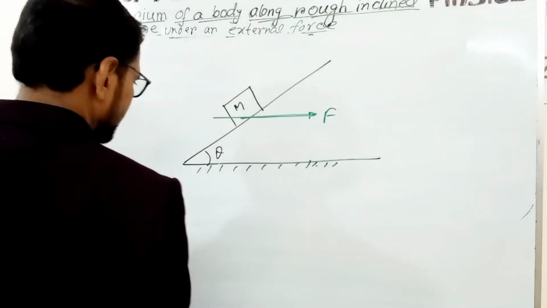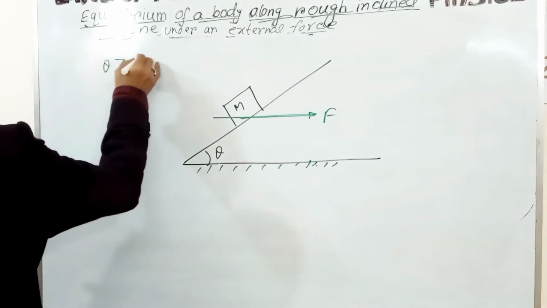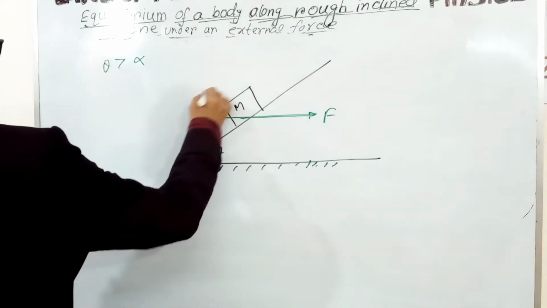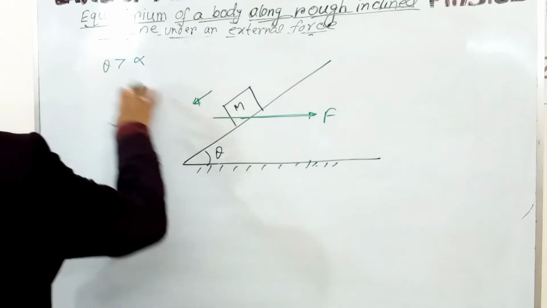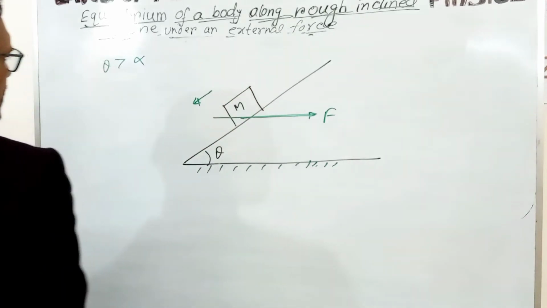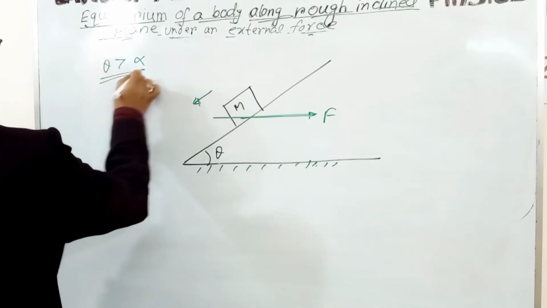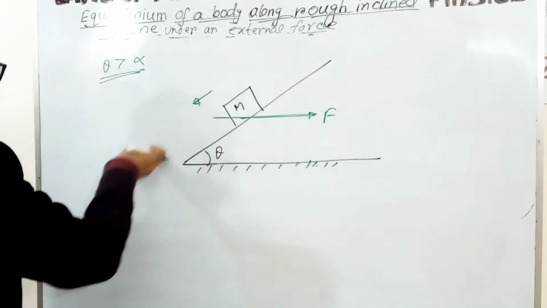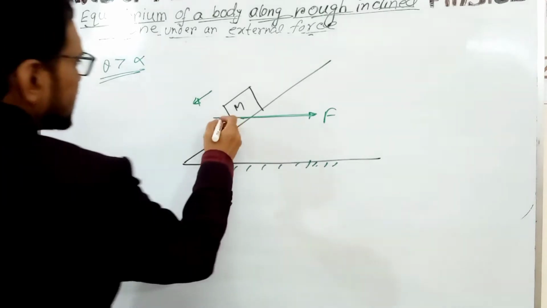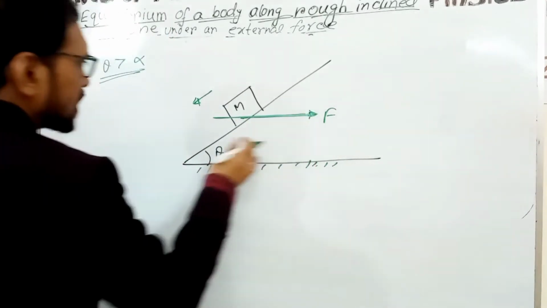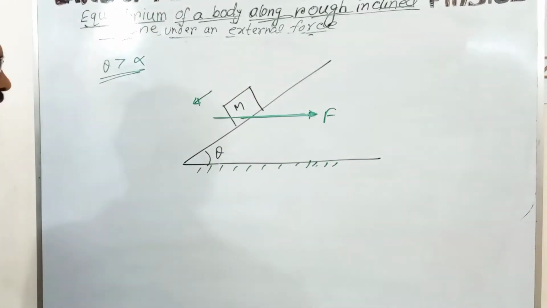Here theta is greater than alpha, so the body tends to move downward. The body will accelerate along this direction, but a force applied parallel to the ground keeps the body in equilibrium.